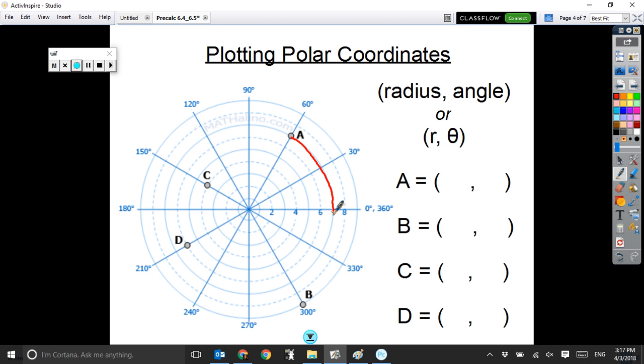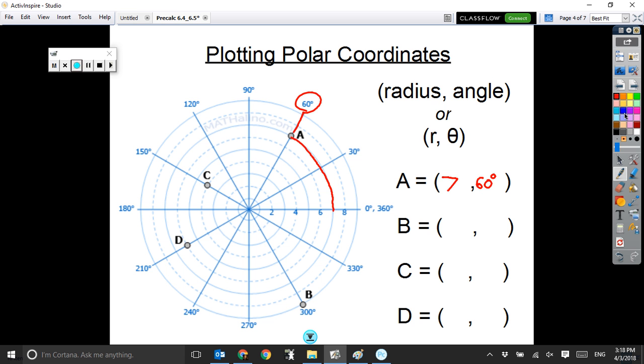So A must have a radius of 7. I also see that A is on this line, which has an angle of 60 degrees. So the polar coordinate for point A is 7, 60 degrees.